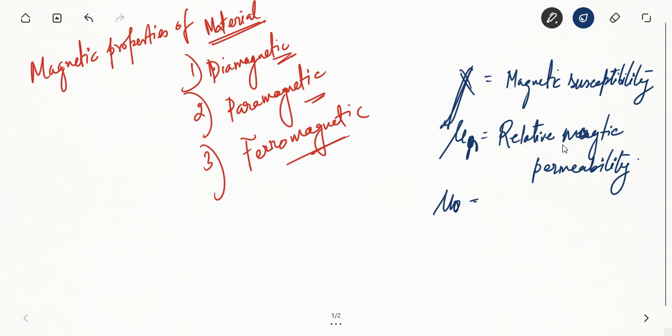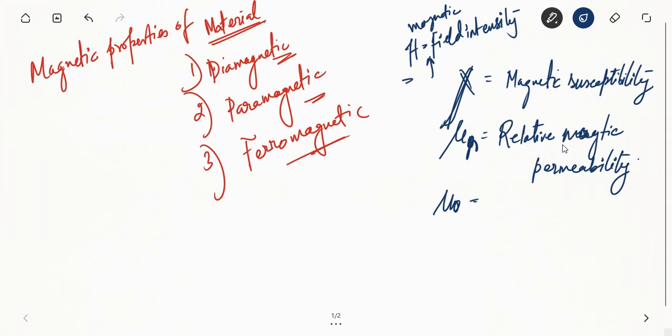And here another factor H, that is the magnetic field intensity. Now, these are the parameters.